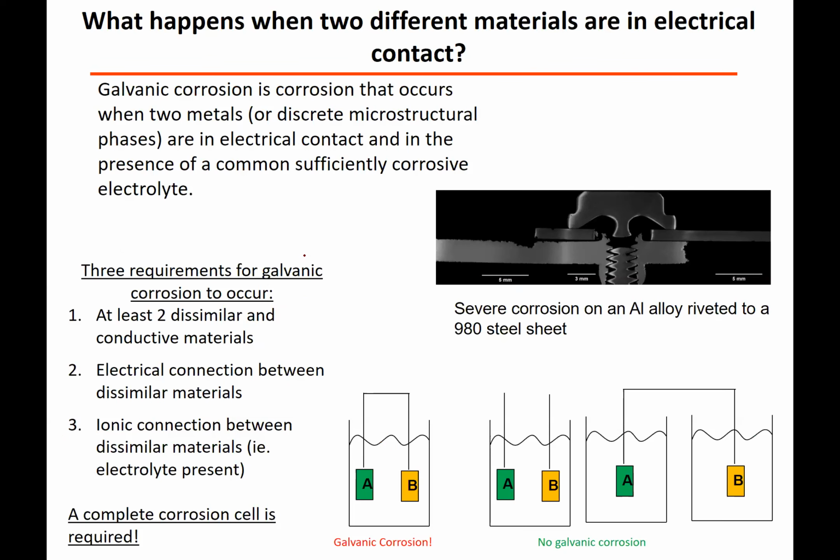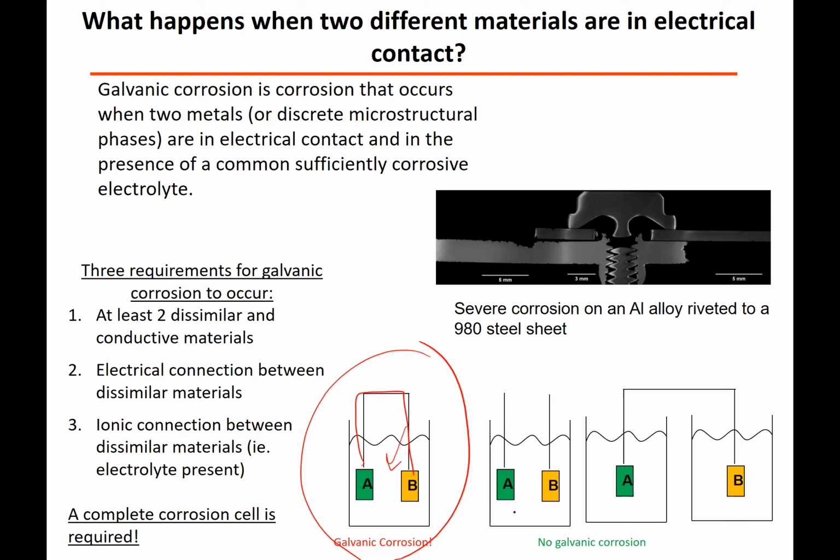Okay, so then let's look at what happens when 2 different materials are in electrical contact. Before, we said these 2 dissimilar metals need an electronic pathway so that electrons can be moved. In this situation, you can have galvanic corrosion because both of them sit in the same electrolyte, and there's an electrical pathway that you see here.